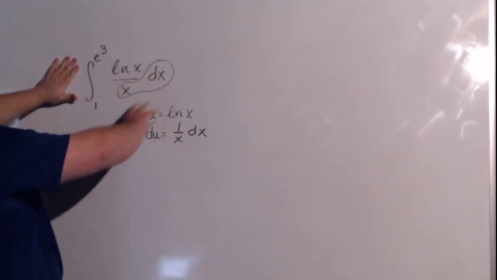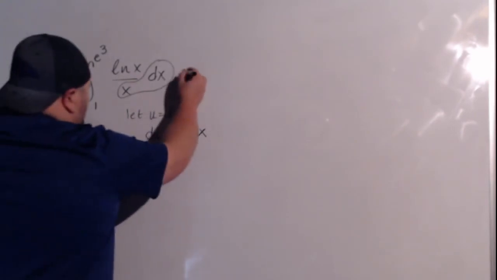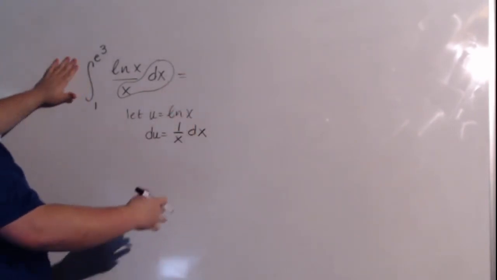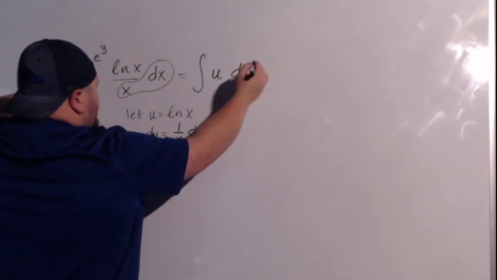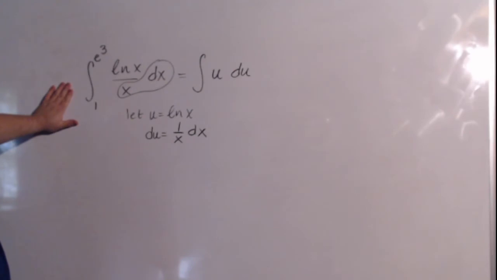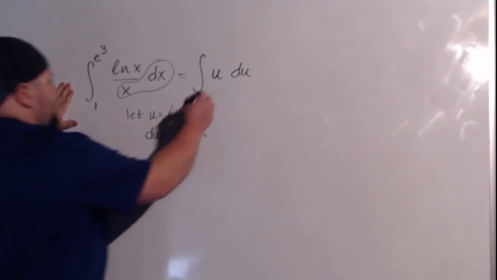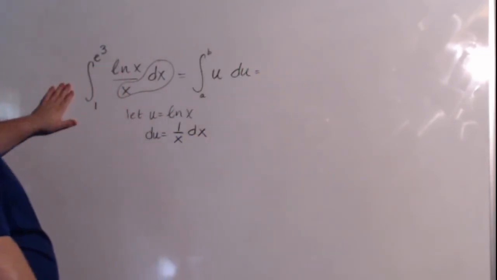So everything I need is already there. I don't need to introduce anything new. This is just the integral of u du. So how about this time I'll just put placeholders, a and b. I'll do it that way first.